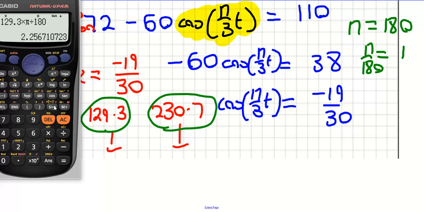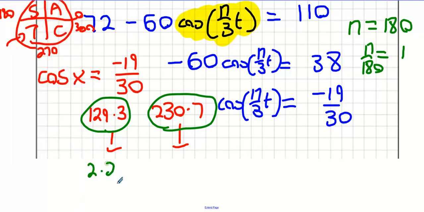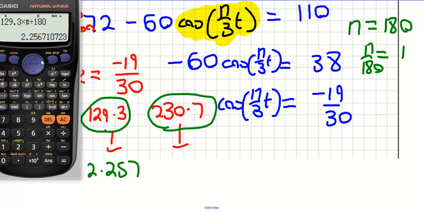I'm going to get rid of the decimals. So 2.26 for me. Is that right with you guys? Anybody else get 2.26, or 2.257? And this one here, convert it into radians.